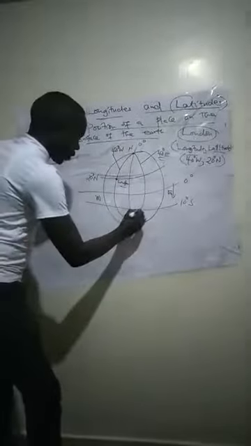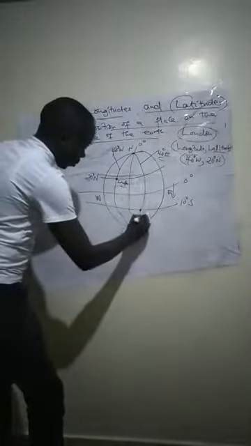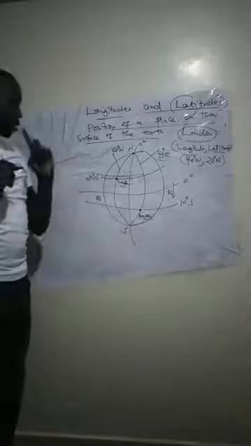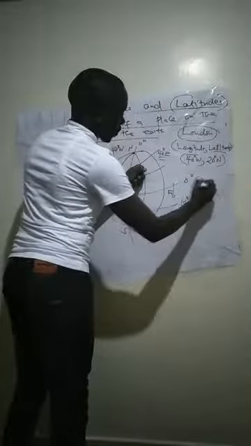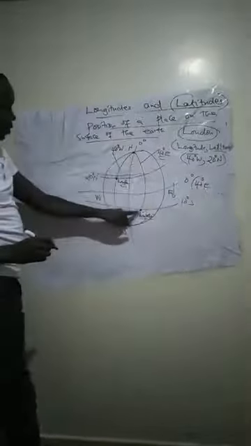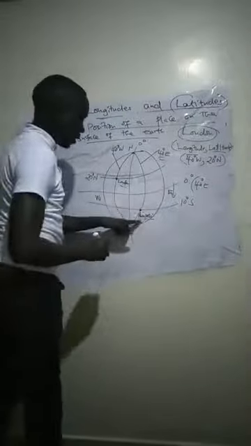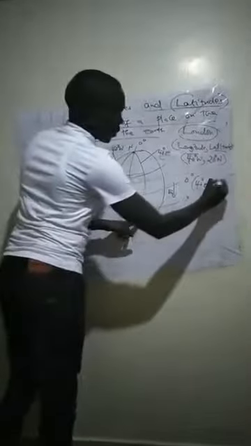So the position of, say, a town here, let's say Nairobi, will be, start with the longitude, 40 degrees east, and the latitude, southern part of the equator, 10 degrees south. That is the position of that town, Nairobi, and that is basically what we need to know.